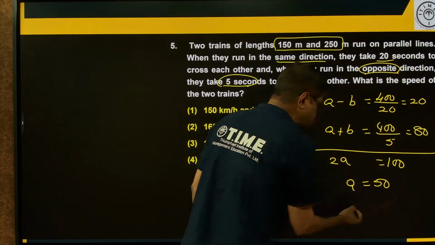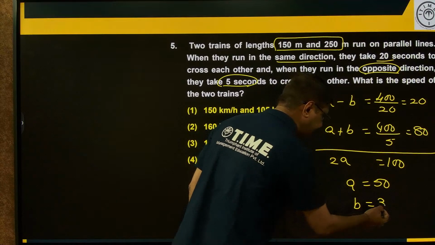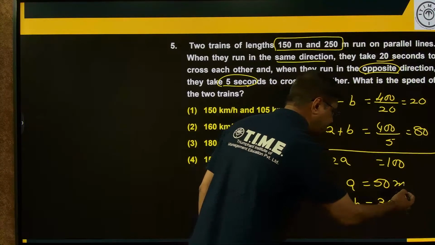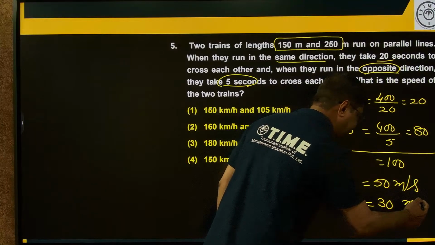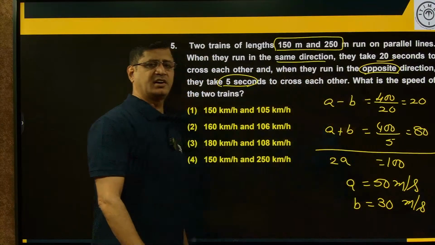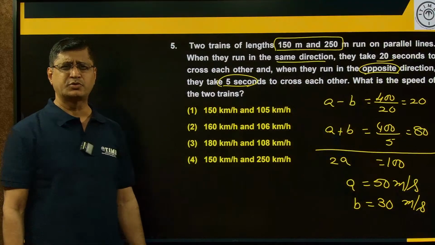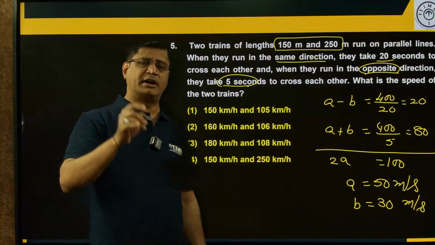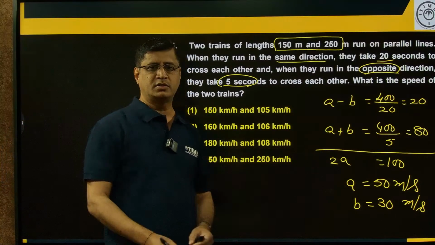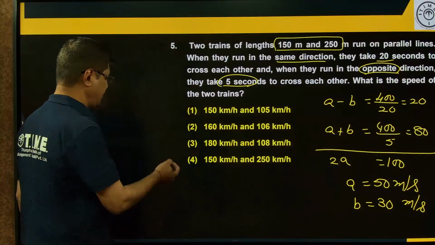When A is equal to 50, what about B? That is 30. What about the units of measurement? The units are meter per second. But here the options are given in kilometers per hour. Multiply each value by 18 by 5. Let me check here.